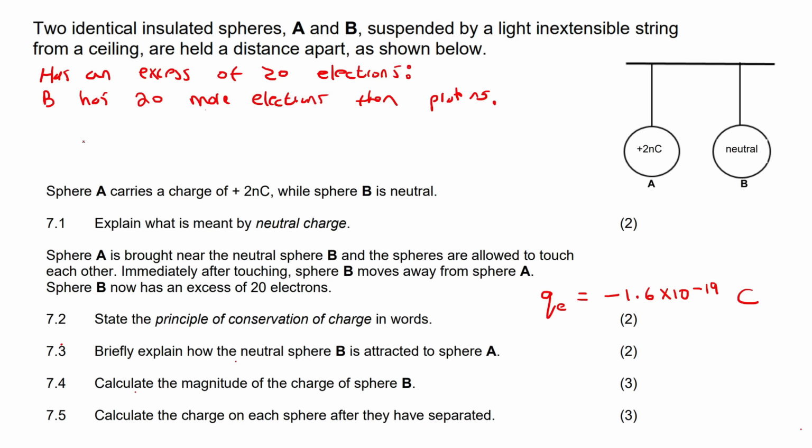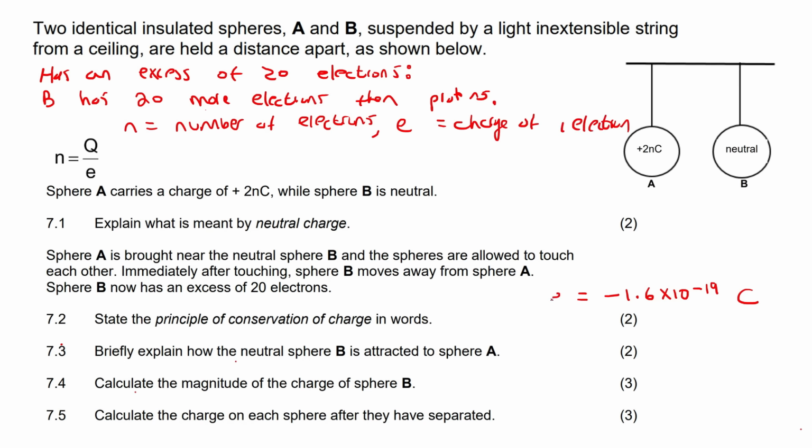Then there's this other formula, also on the formula sheet, where N is the number of electrons, E is the charge of one electron, which is the value I gave you down here, and Q is the overall charge.